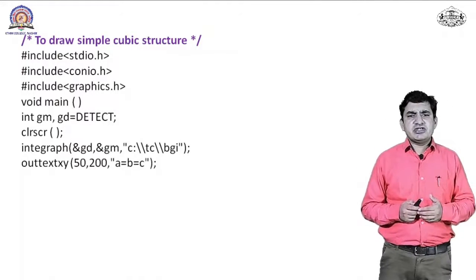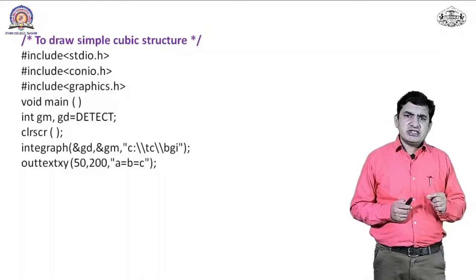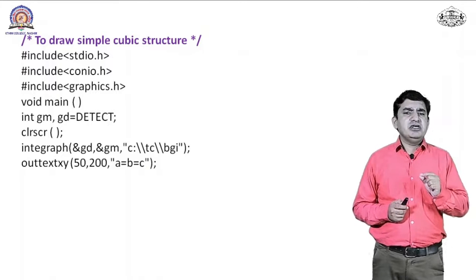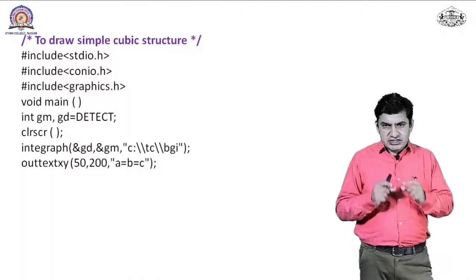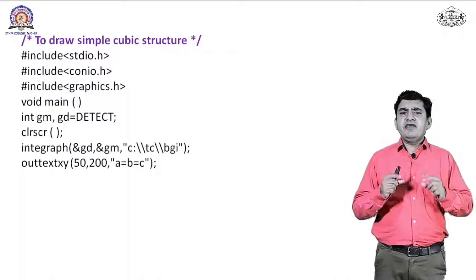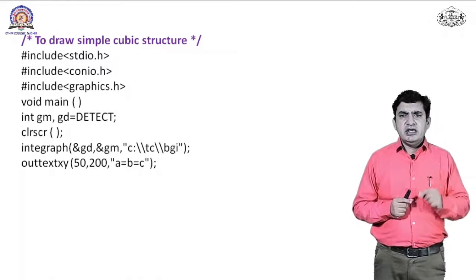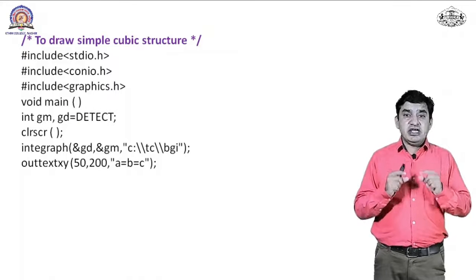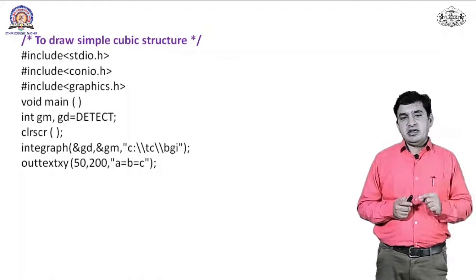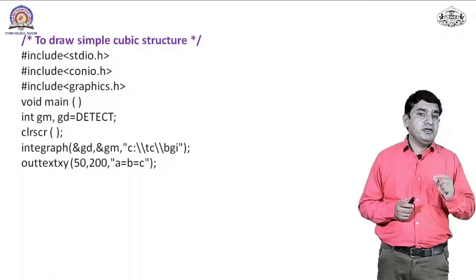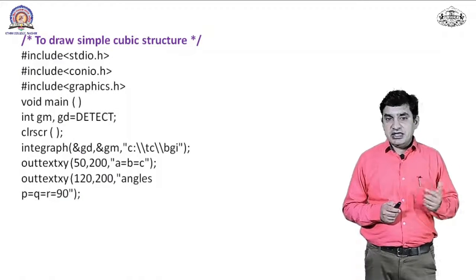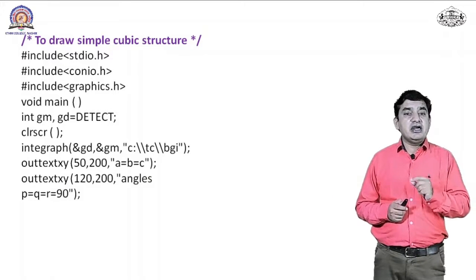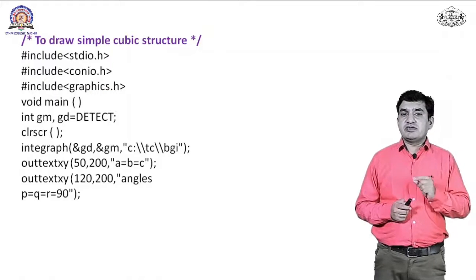Then outtextxy(50, 100, "a = b = c"). This graphics command indicates that a is equal to b is equal to c. This text is displayed at the coordinate 50, 100. Next is outtextxy(120, 100, "angle p = q = r = 90 degree").